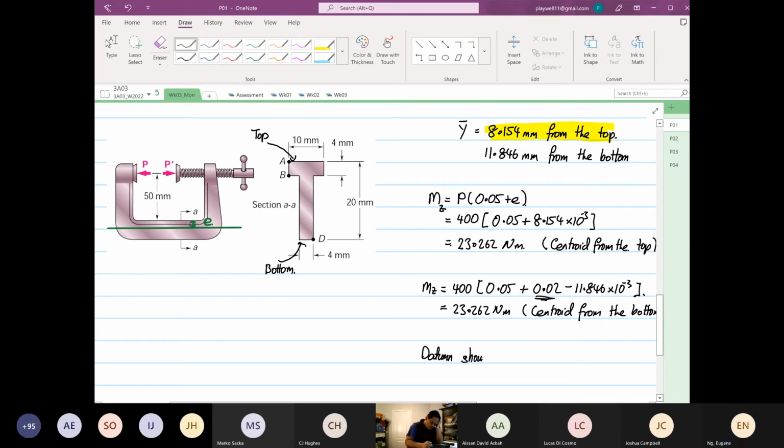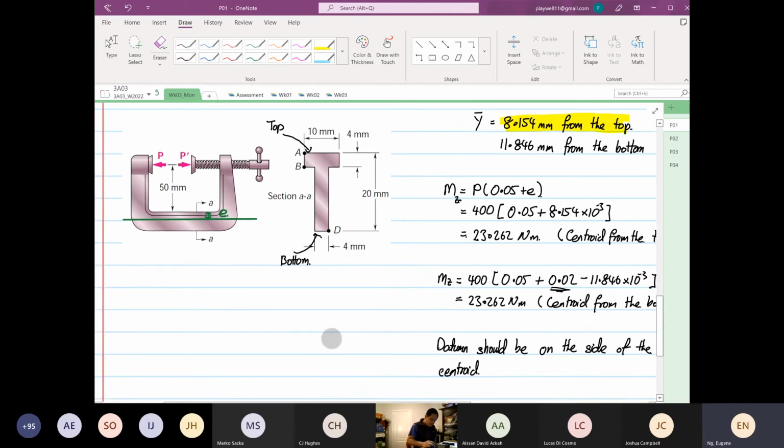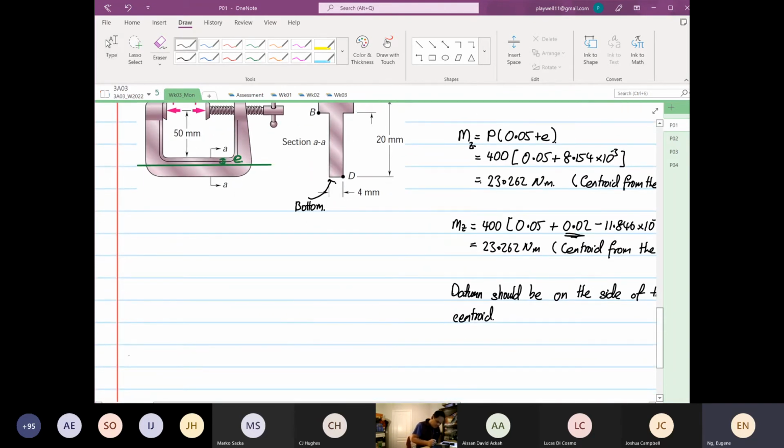should be on the side of the centroid. So for this case, we know that the formula that we're going to apply is stress X is equal to positive Px over A. And then depending on whether it is tensile or compression, we're going to have Mz over Izz multiplied by y.